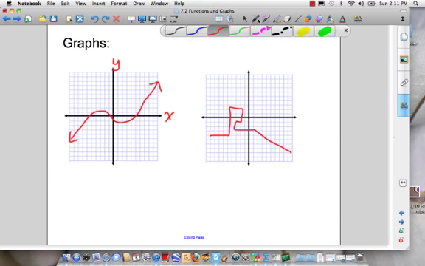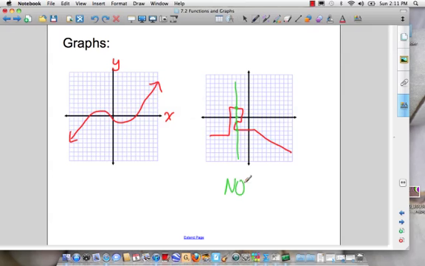So let's look at the one on the right first and consider this x value right here. There's more than one y value on this graph associated with that x value. And in fact, anytime you can draw a vertical line that crosses the graph more than once, it's not a function.